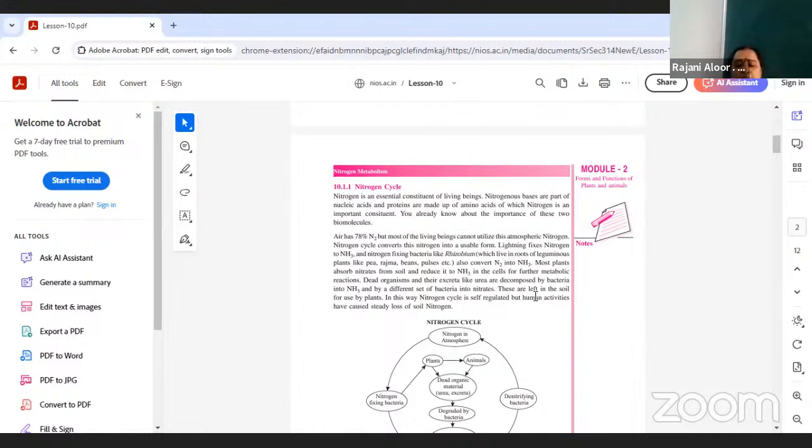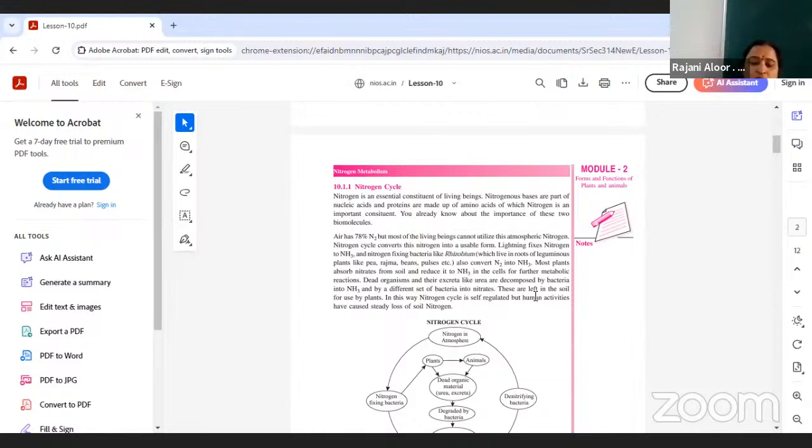The soil may also contain organic nitrogenous compounds such as urea, amino acids, etc., which are formed due to the decomposition of dead and decaying organisms by the activity of microbes, or when farmers add chemical fertilizer to the field.